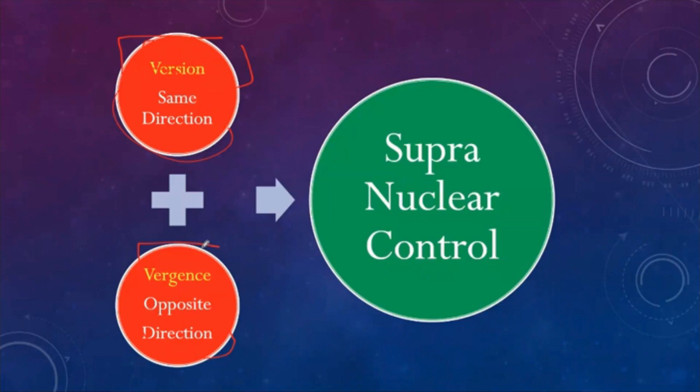That's why this is valid for binocular eye movement like version and vergence, because we need some sort of connection between both eyes. This connection will be at a higher level, at the cortex, or at the supranuclear level, or even the nuclear level.